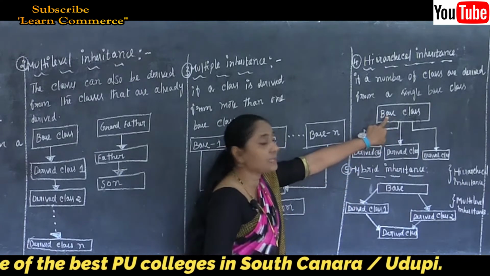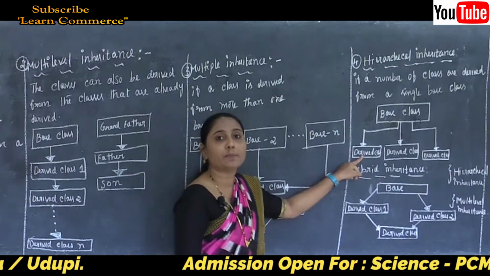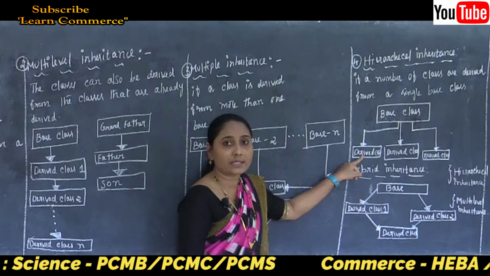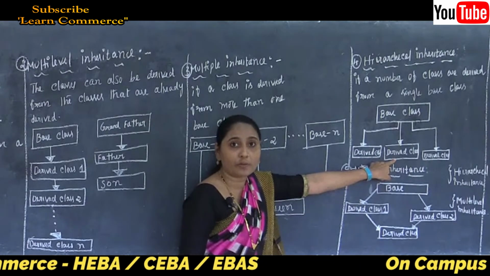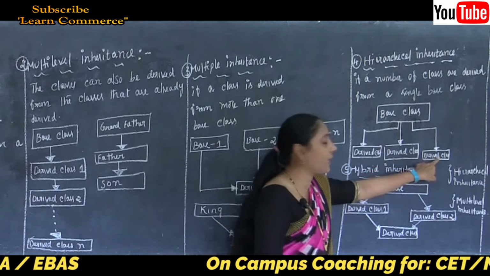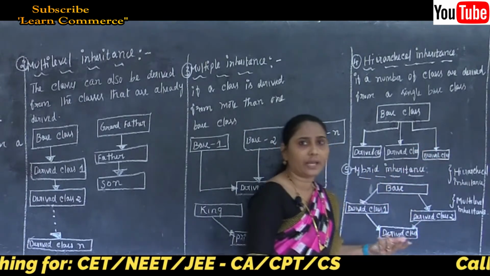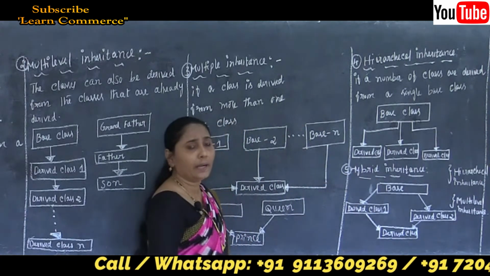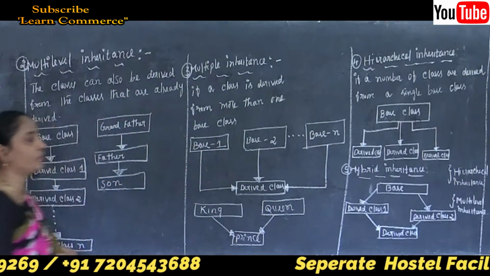For the base class I selected management, and by using the base class we can construct new classes like the principal, the staff, the office staff or the clerical staff, any class we can construct by using our base class.